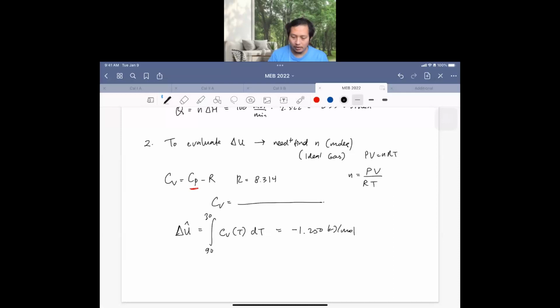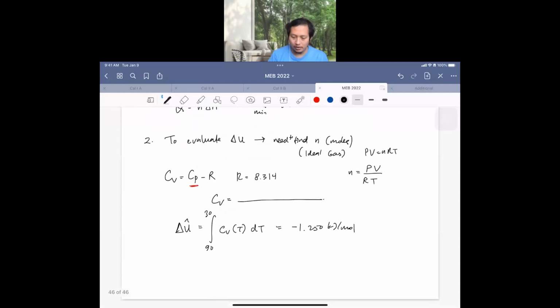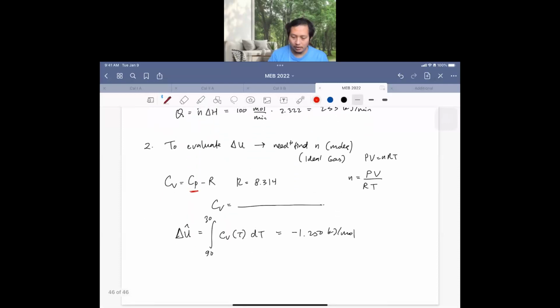Okay, so the volume is 5 liter, pressure is 3 bar. This is 8.3, no, not 8. This should be 0.08314. Temperature is 363 K.